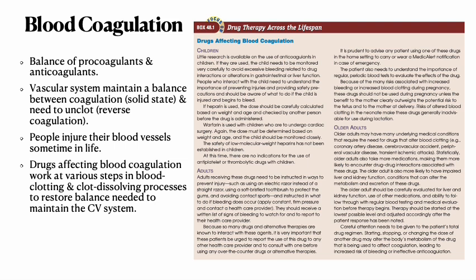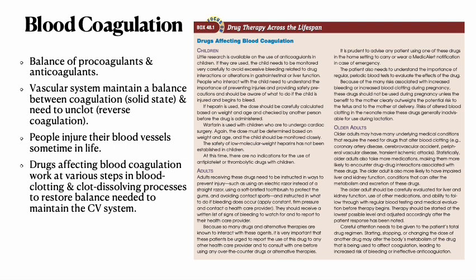So, blood coagulation is a balance of procoagulants and anticoagulants. The vascular system maintains a balance between coagulation, which is the solid state, and the need to unclot, which is also known as reverse coagulation. People injure their blood vessels sometime in life.